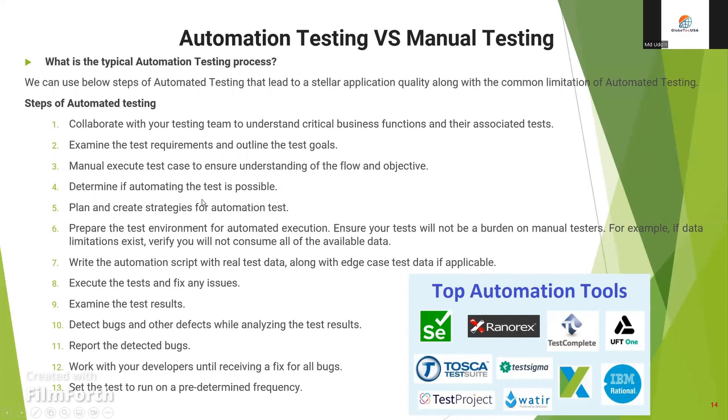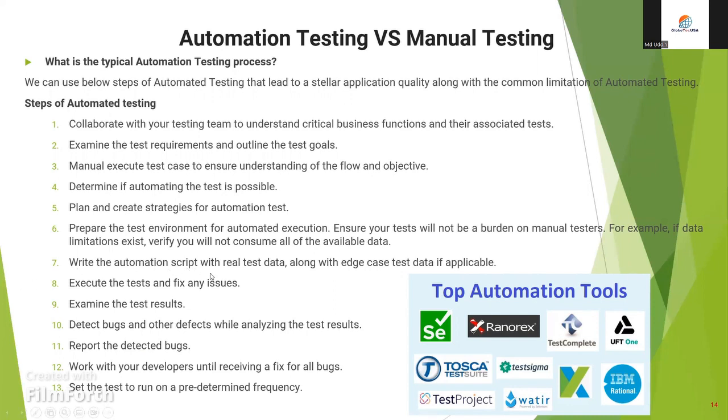You need to create the test strategies for the automation test, and then you prepare your environment, right? For your automation execution, like ensuring that you have all the testers and all the data, all the limitations there, and you verify whether you can consume all the data for your automation test or not. So everything you should prepare before you start writing your automation test script.